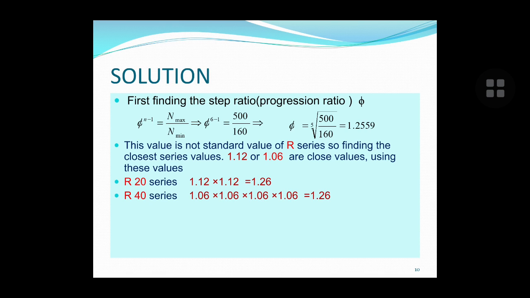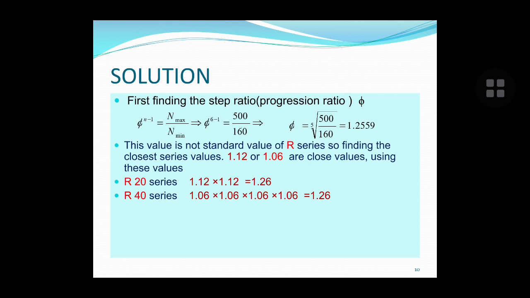If we consider the R20 series, the standard value is 1.12. If we multiply by 1.12 one more time, we get 1.26. If we take the R40 series, we have to multiply 1.06 three more times to get 1.26. So I am choosing the R20 series, multiplying 1.12 one extra time.